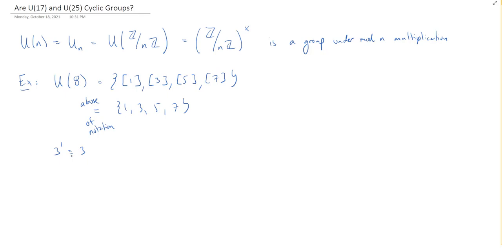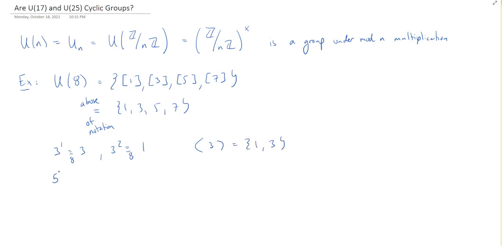Of course, this is mod 8. 3 squared is 9, but that's congruent to 1. As soon as I get a 1, I'm done, because now the next one would be a 3, and then a 1, a 3, and a 1. So the order of 3 is actually 2, not 4. I can only generate the numbers 1 and 3. So the group generated by 3 here will actually just be 1 and 3.